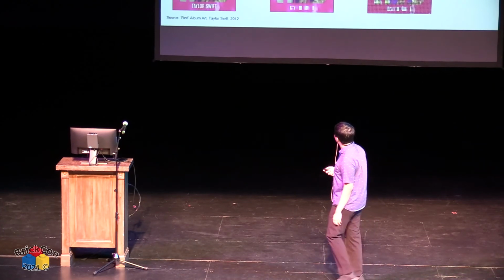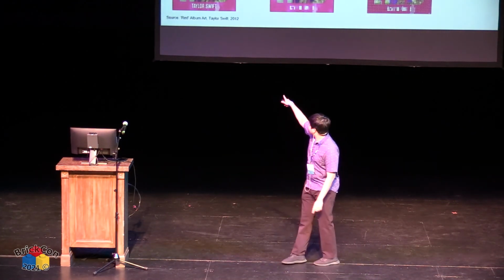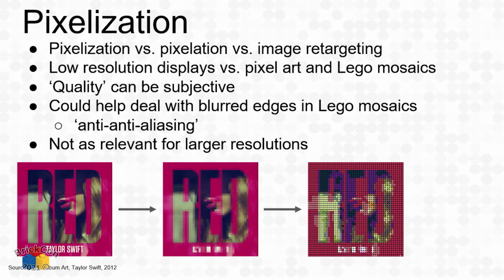For example, we have the hit 2012 album by Taylor Swift, Red, which has a song called Red on it. The problem is if you run it through regular pixelation, this picture is very difficult to deal with because you see the edges over there.